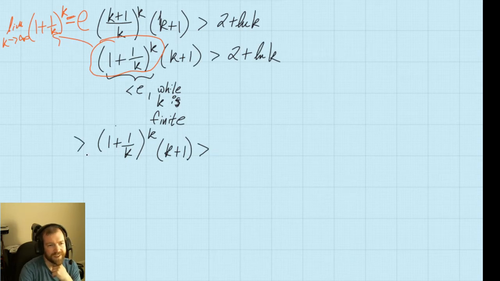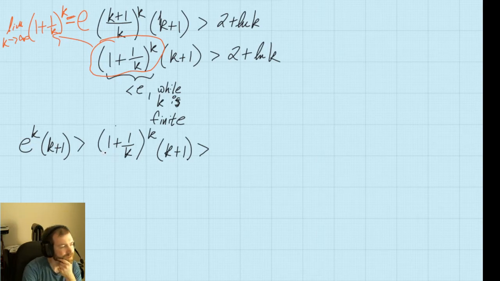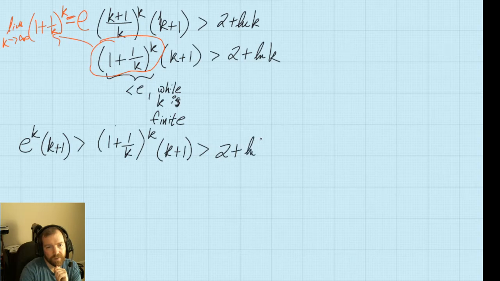Okay, is less than e^k times (k+1). That's not going to work, though, is it? Right, because I need something that's between these two. Damn. Oh, well. Wait, no. I need something that's between, otherwise it's not going to work. Worth a shot, anyway.